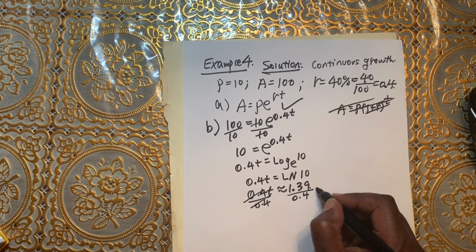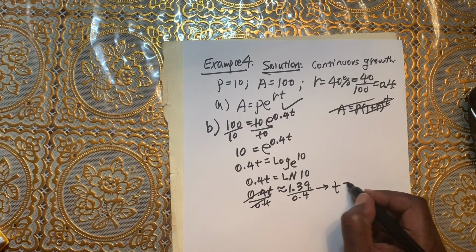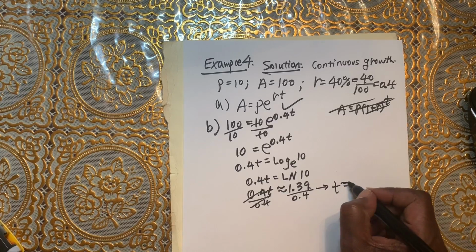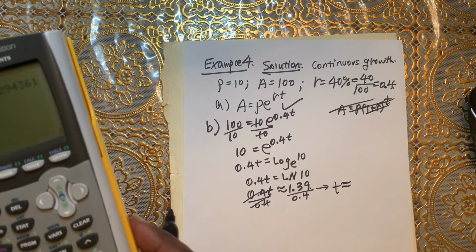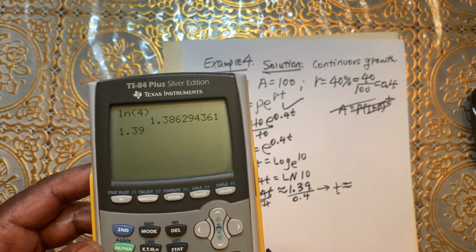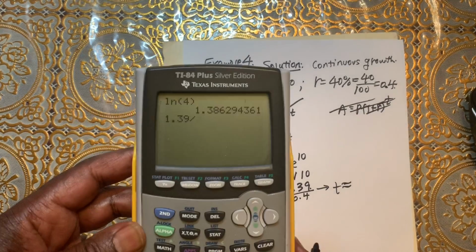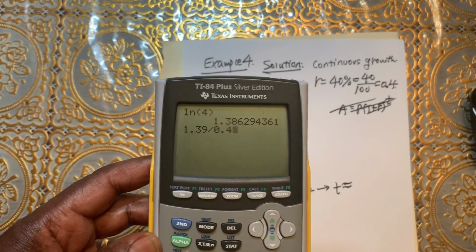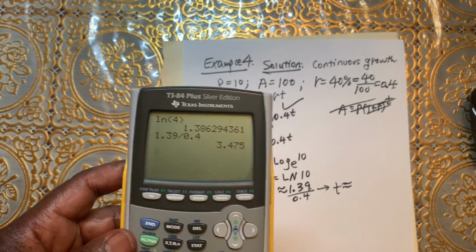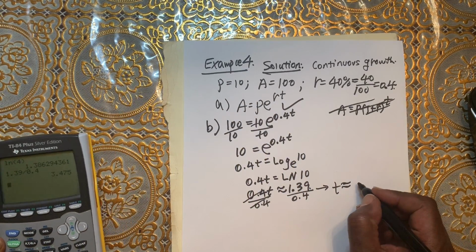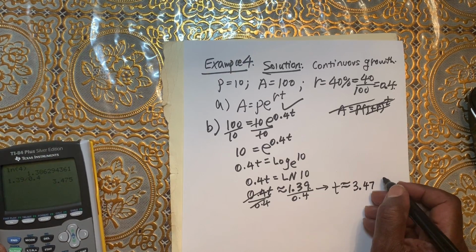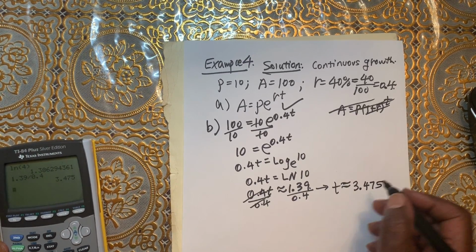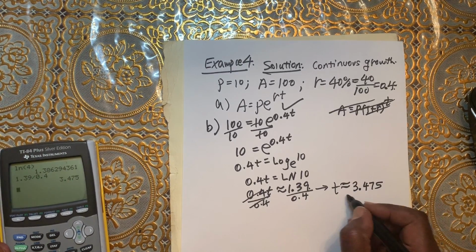So this gives me the approximate time needed: divide by 0.4, and you get approximately 5.76 years.